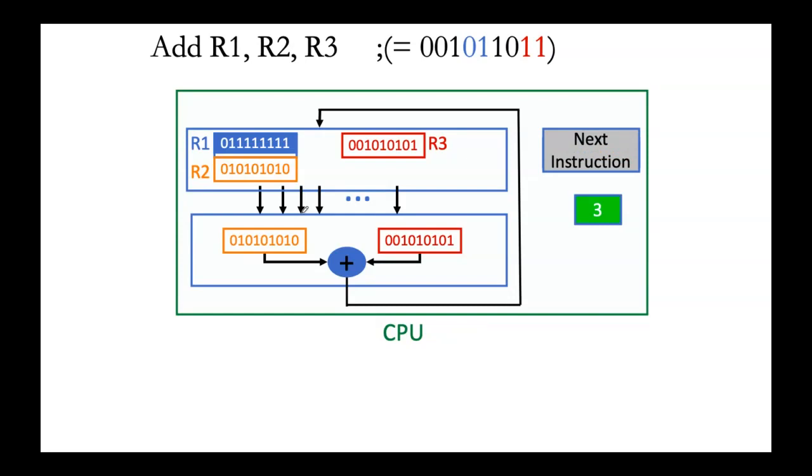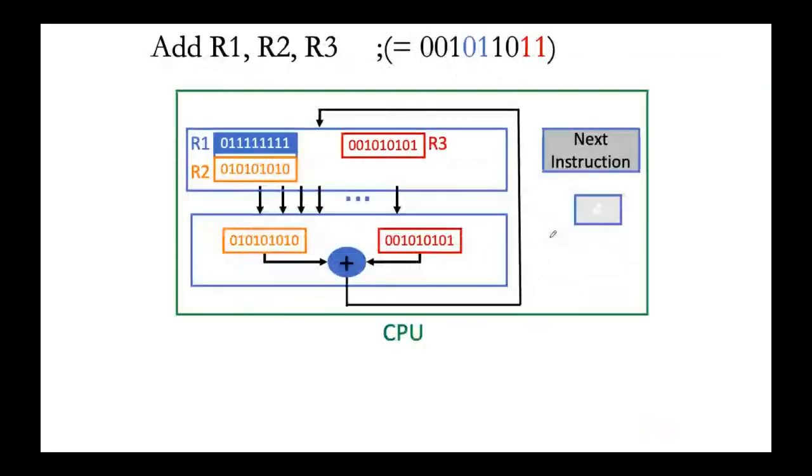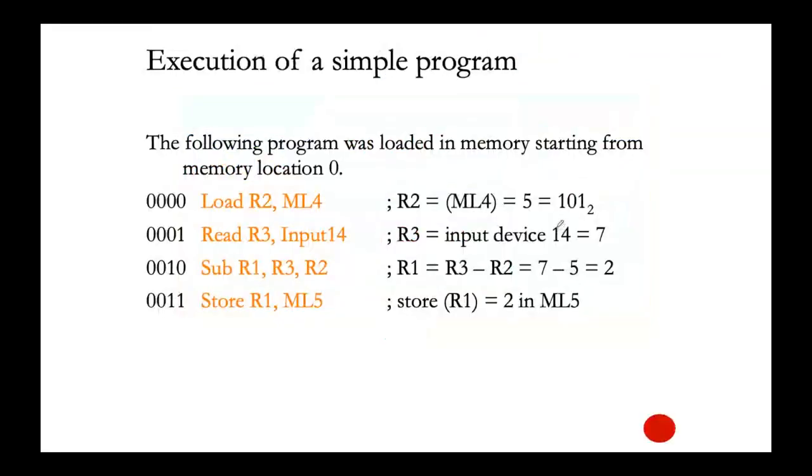The first instruction is successfully executed, then your instruction register becomes free now, so that will be used to store the next instruction 3. If in that location we don't have any instruction, the program counter will go and automatically check the next instruction. So this is what happened inside the CPU.